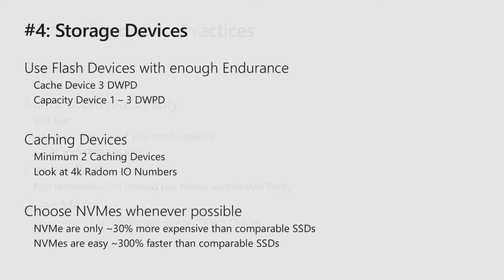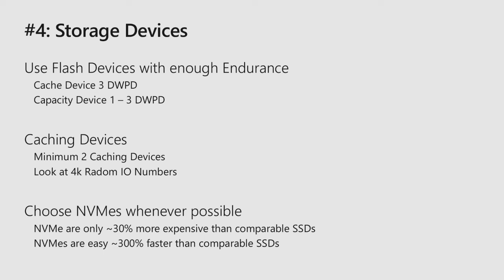Yeah? So here are the storage devices. I told you already you have to have flash devices in there. And if you use flash devices for caching, look at the write endurance. I've seen implementations with NVMes where the NVMe has only a DWPD of 0.8. And in this caching device, there is also the metadata of all your data, where it is placed in your Storage Spaces Direct.